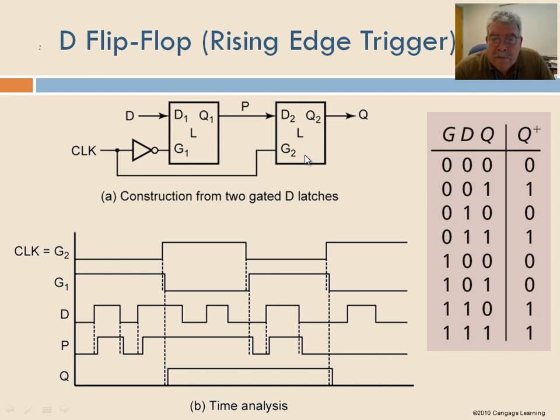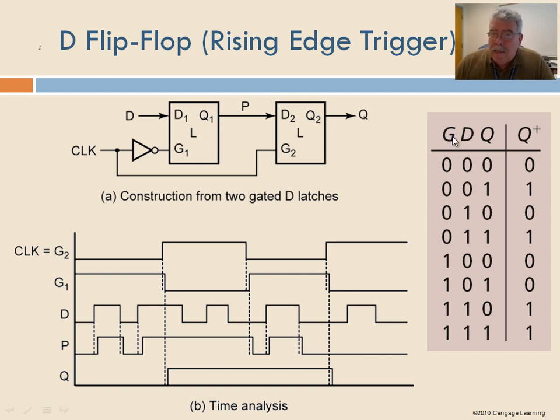The effect is that we have these two latches, one holding while the other is actively following the input of the latch. This is exactly what we have in the truth table.